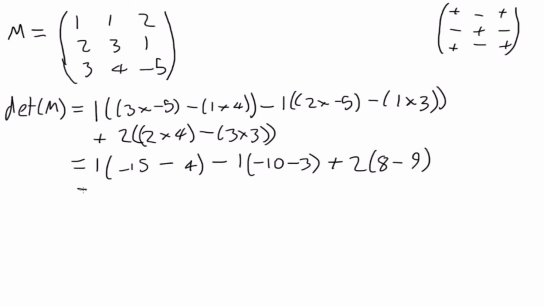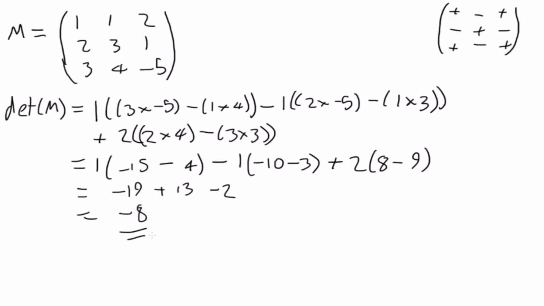Then we carry on with our calculation. This gives you minus 19. This gives you minus 13, but then the minus in front gives you positive 13. Then you add on plus 2 times minus 1, which gives you minus 2. So adding 13 gives you minus 6, minus 2 gives you minus 8. So this is your determinant of this matrix.